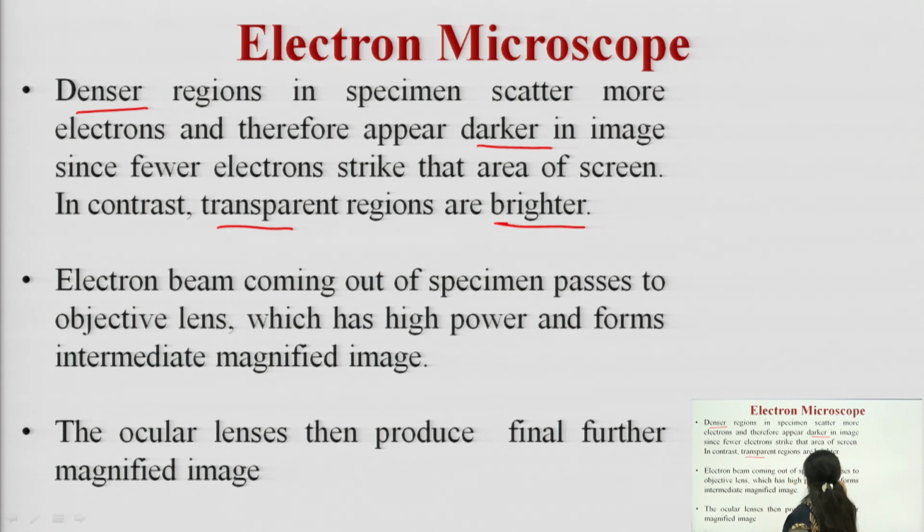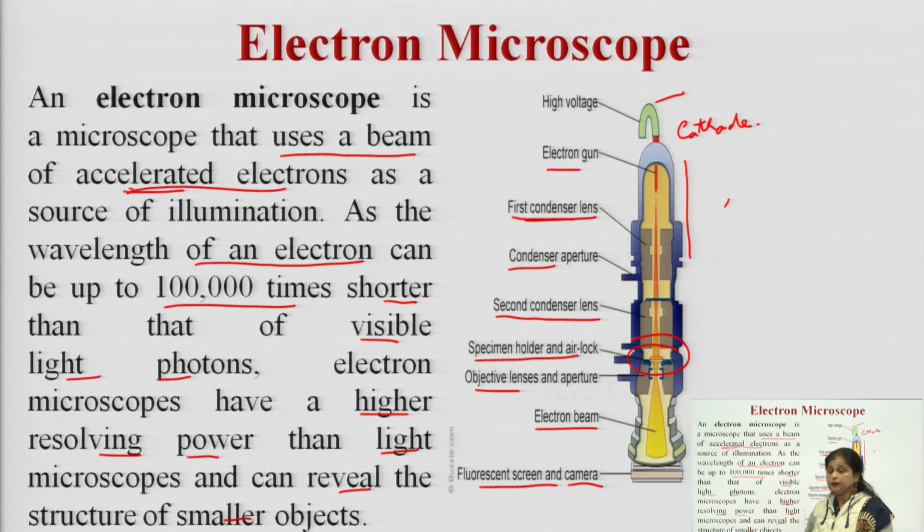The electron beam coming out of the specimen passes through the objective lens, as I have shown in the previous slide. The electron beam will pass through the condenser lens, and it will be projected towards the specimen with the help of two condensers that will direct our electron beam in thin wave-like projections towards the specimen.